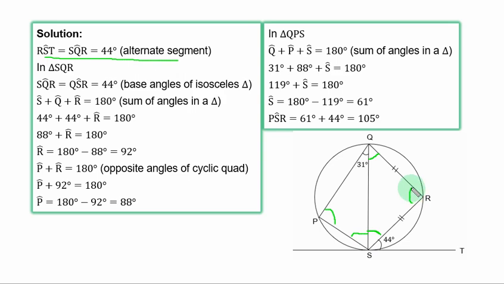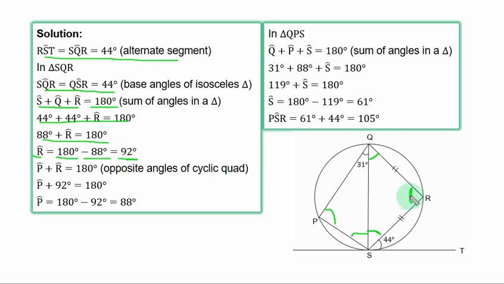To get this angle, which can be obtained with the help of this angle, we need this angle from triangle SQR. The sum of the three angles is equal to 180 degrees, noting that the base angles are equal. Two of the angles are equal, that is S and Q. You replace them in this form and you have this result. Angle R is therefore equal to 180 degrees minus 88 degrees, and that is 92 degrees.